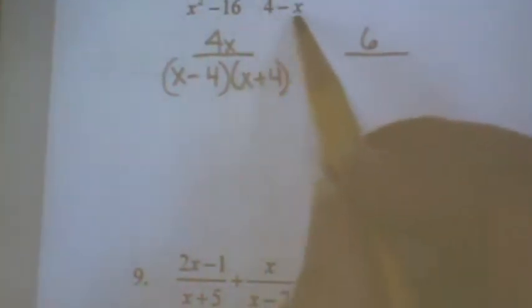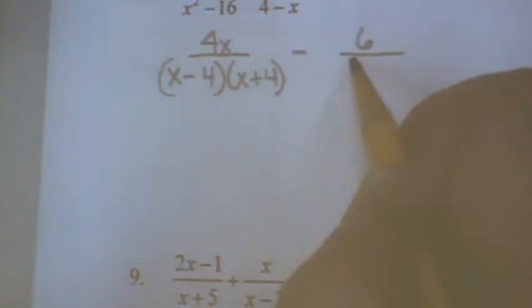Okay, number 8 is a little confusing. I want to first factor x squared minus 16. Now, I don't like the way this is written, so how can I reverse this? Negative x plus 4.